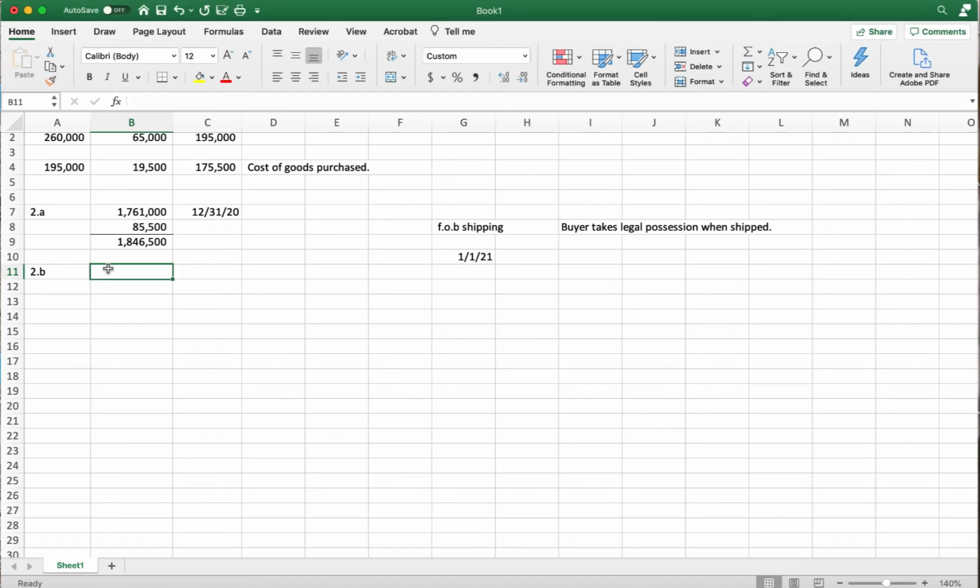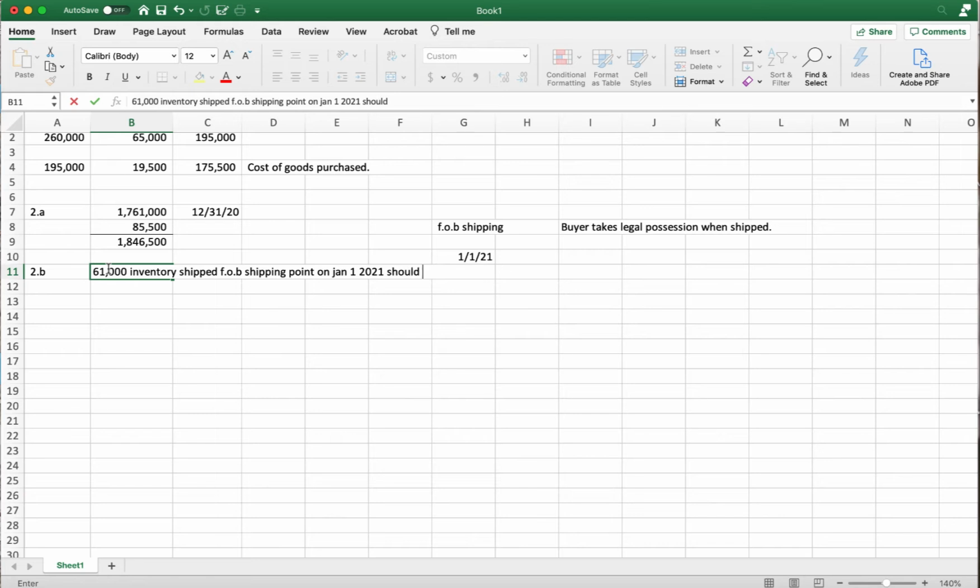So for part B, we're just going to say that these $61,000 worth of inventory shipped FOB shipping point on January 1, 2021 should remain in Pine's inventory. Okay, so that's 2B. Now let's look at 3.